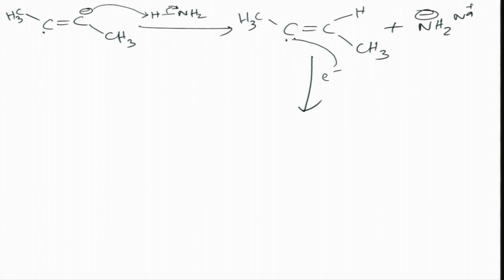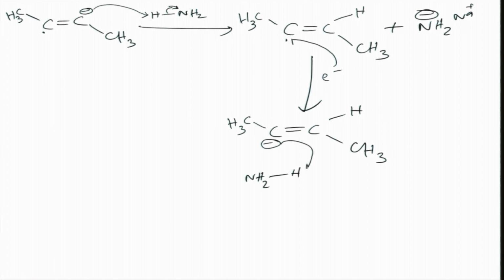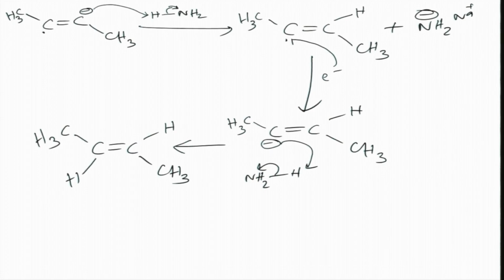Again it will attack here. Now, no bond will break, but a negative charge will be formed in this compound. Again we have NH3, it will take up this hydrogen and eventually we get this alkene. So, this was the mechanism for Birch reduction.